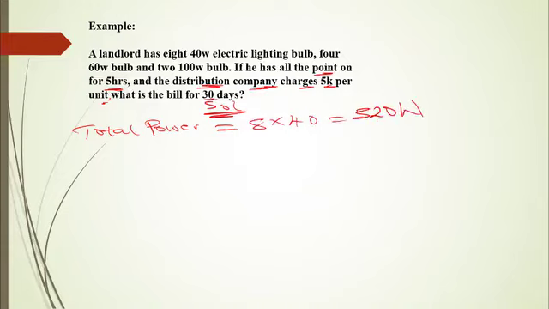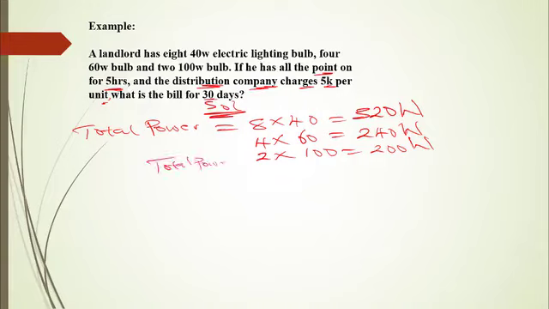Also remember that this man has 4 60-watt bulbs. So 4 times 60 is 240 watts. And then we have 2 times 100, because he has 200-watt bulbs. 2 times 100 is 200 watts. So the total power used up by this man in his house is the sum of all these things.